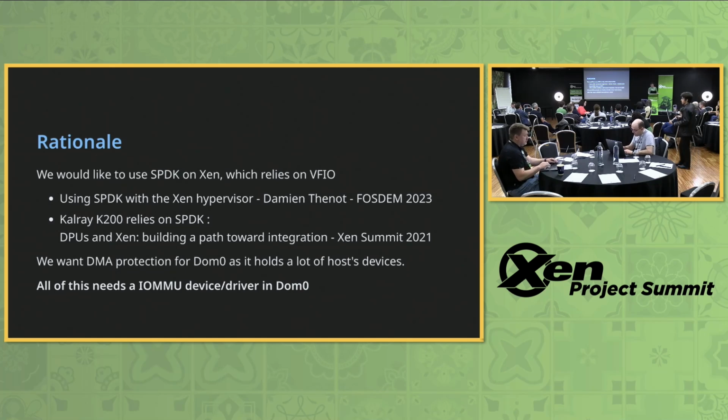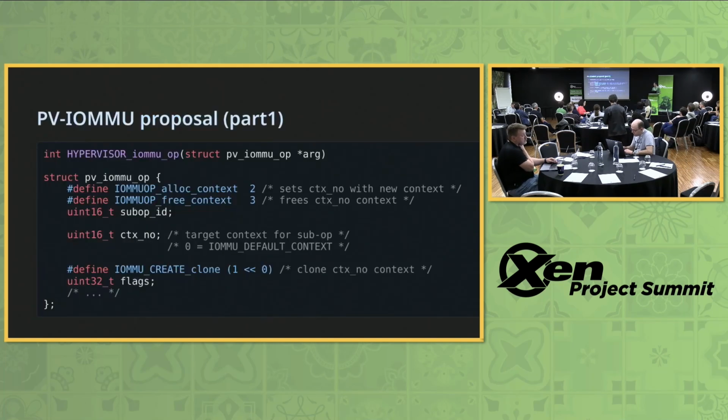So that's the main idea of the PV-IOMMU interface, which is a proposed hypercall interface. This is not something completely new, but the interface is very different. The idea is to provide an interface for creating what I call an IOMMU context, which is an IOMMU domain in the IOMMU world.